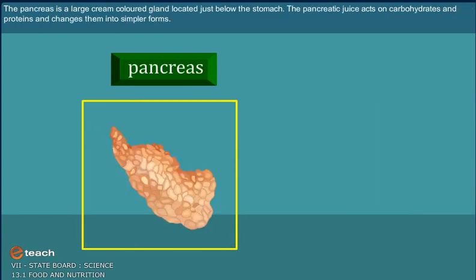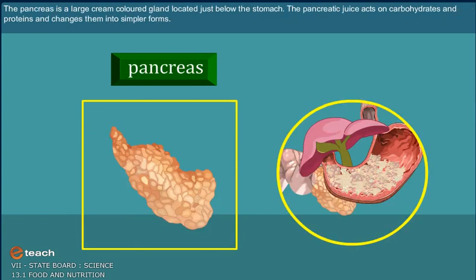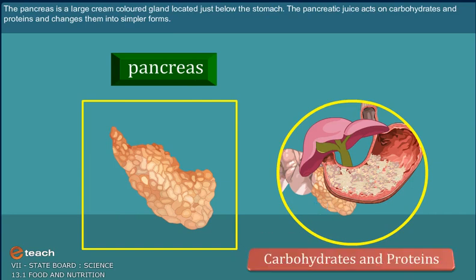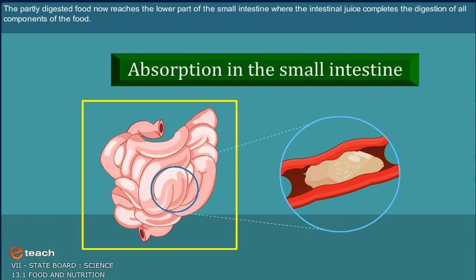The pancreas is a large cream-colored gland located just below the stomach. The pancreatic juice acts on carbohydrates and proteins and changes them into simpler form. The partly digested food now reaches the lower part of the small intestine, where the intestinal juice completes the digestion of all components of the food.